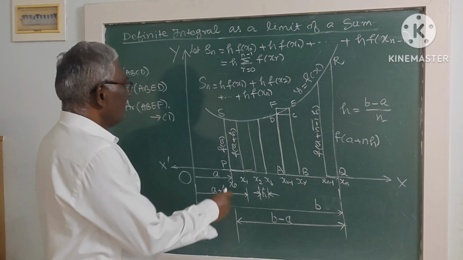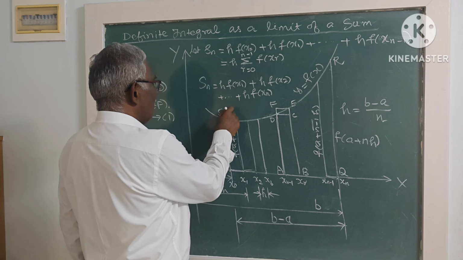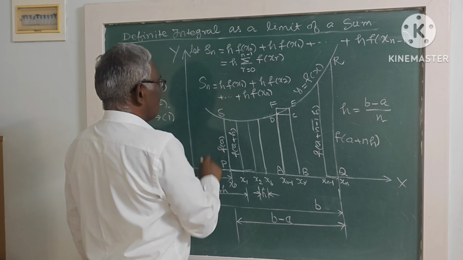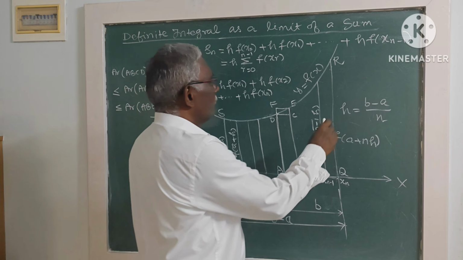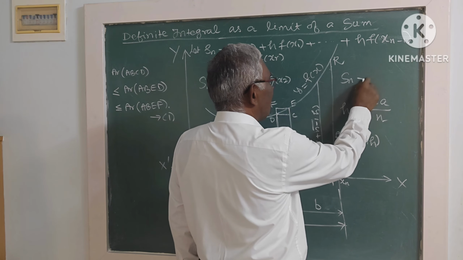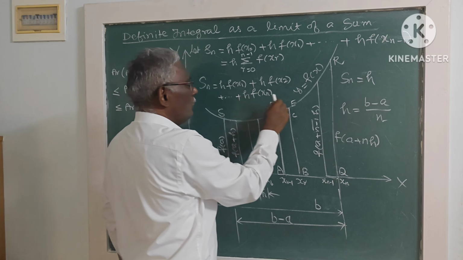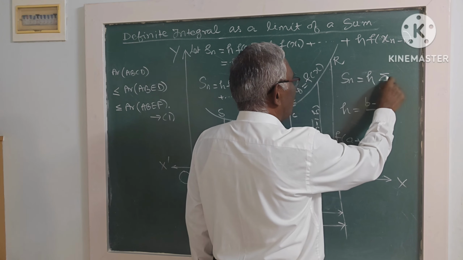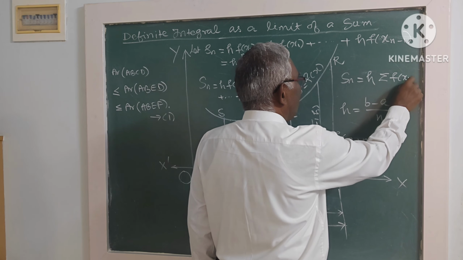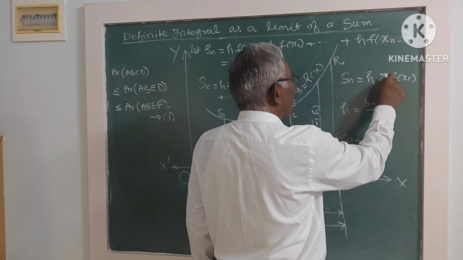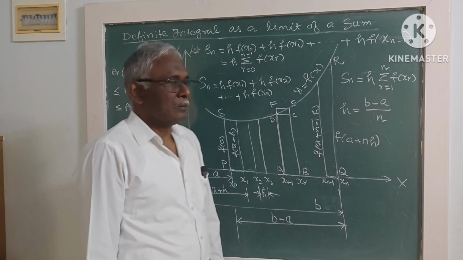So how can we write this? This is nothing but capital S suffix n is h into sigma f of xr, r is 1 to n.